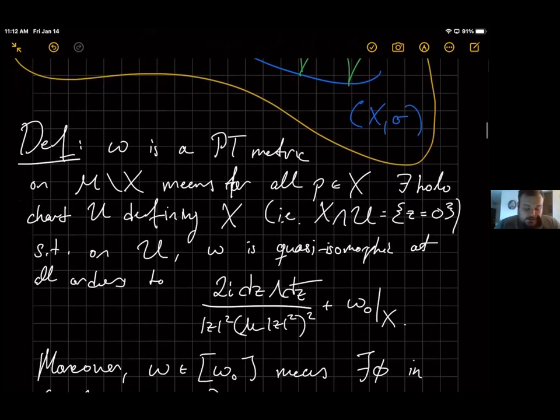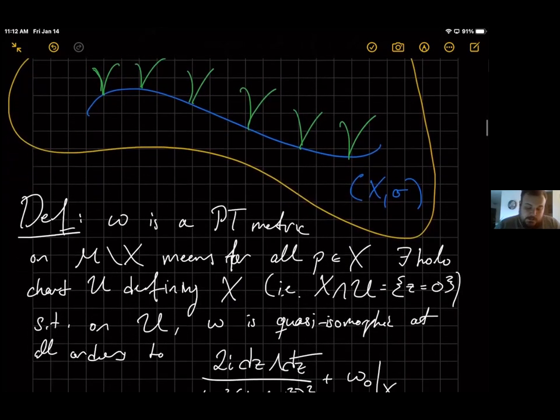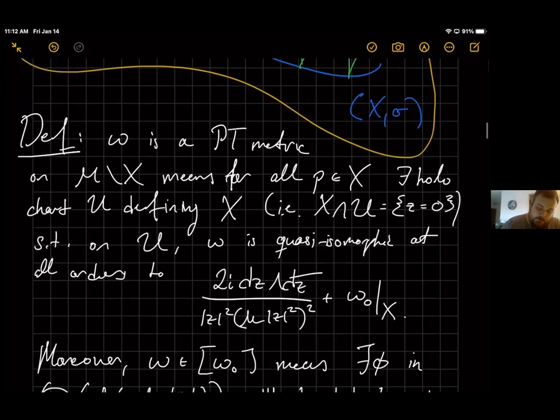we will say that a Poincaré-type metric on the complement of our hypersurface X in M means that for every point in the hypersurface, we can pick holomorphic charts about the point, which have a defining coordinate for X. So here I'm thinking of one of my holomorphic coordinates in U as being coordinate Z, the zero set of which defines X there. And on this coordinate chart, we can write out this metric here, which looks like the standard cusp metric that I wrote above, plus just the restriction of my background metric to the hypersurface.